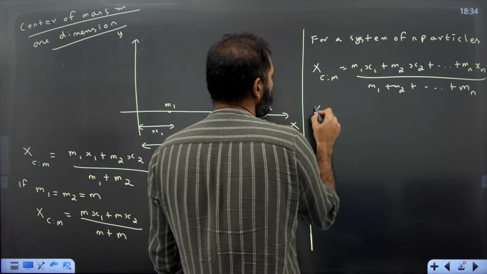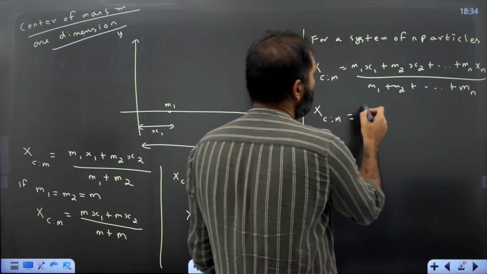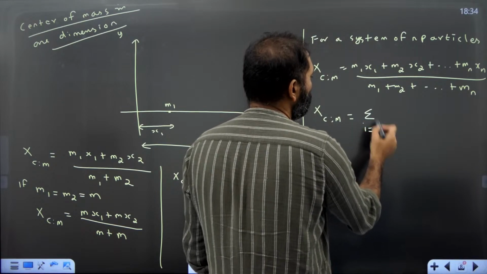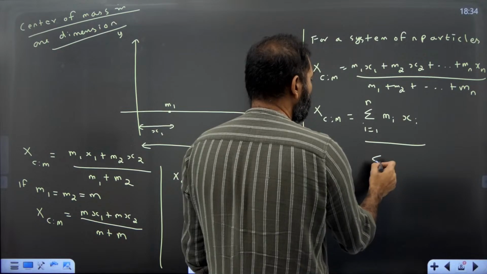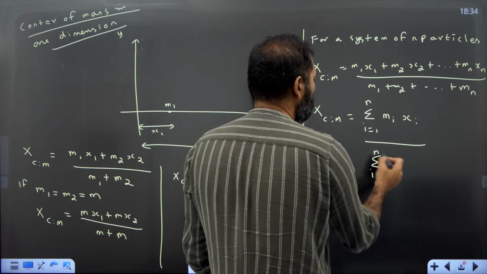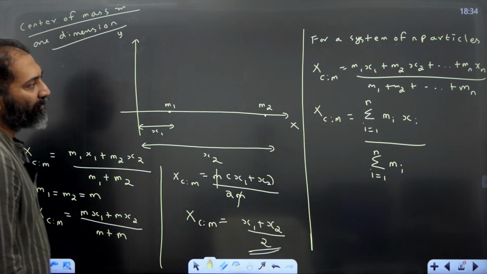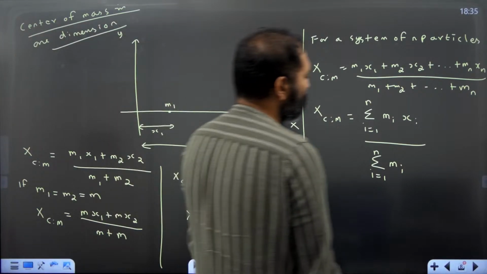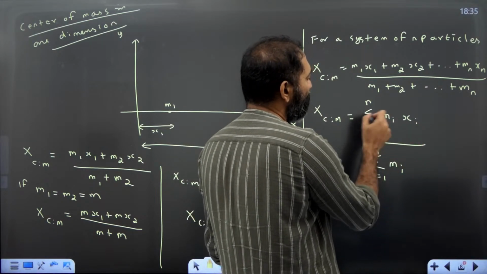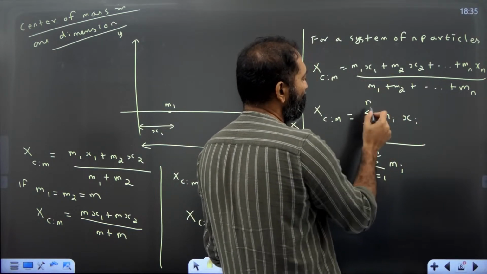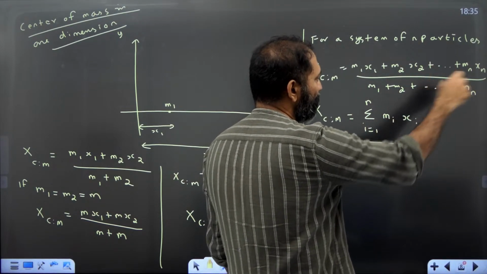That can be written as center of mass is equal to sigma over i equal to 1 to n of mi xi divided by sigma over i equal to 1 to n of mi. What is this mi xi? Initially i value will be 1, so m1 x1, plus, sigma means summation, when i becomes 2, plus m2 x2, it goes on like that.